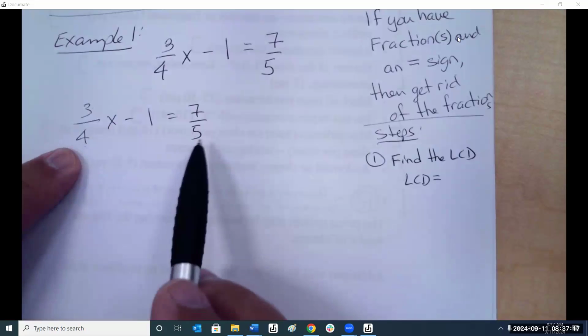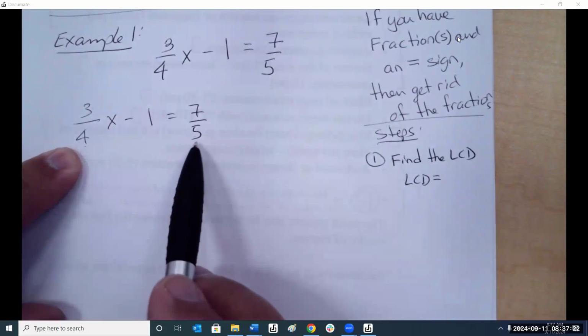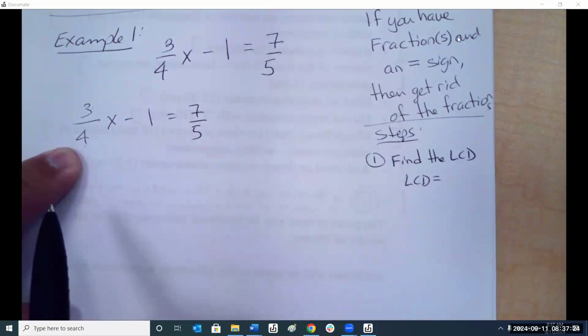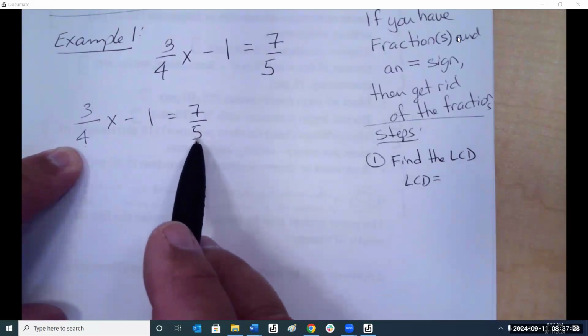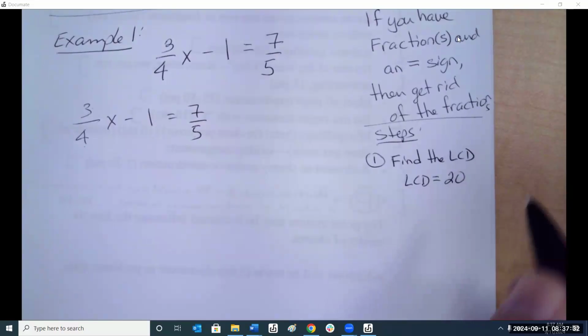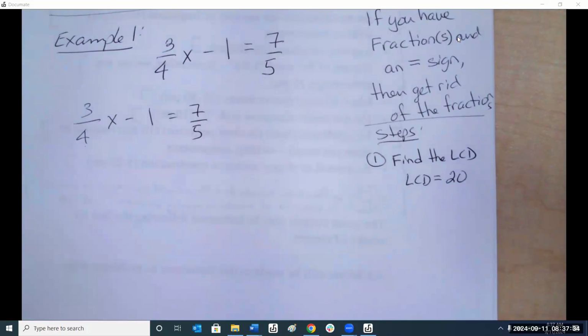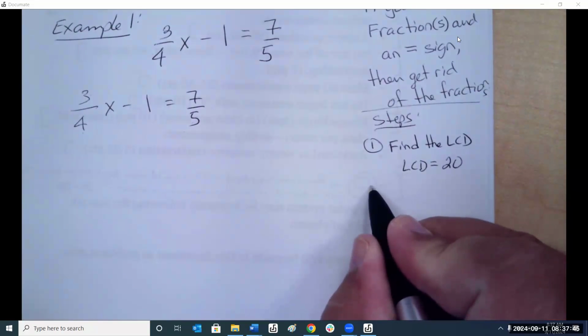In other words, if I had 2 and 8, the LCD is not 2 because 8 does not fit into 2. The LCD has to be as big or larger than the denominators. So in this case, it's 20, 4 times 5. If you don't see it automatically, just multiply your denominators. They'll wash out at the end. So we found the LCD.